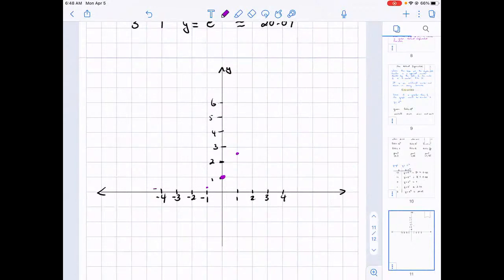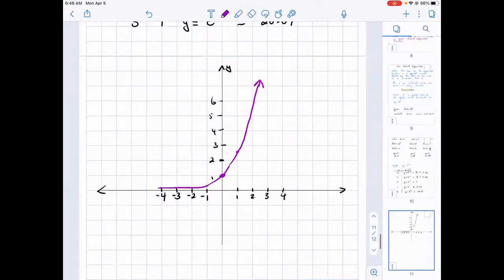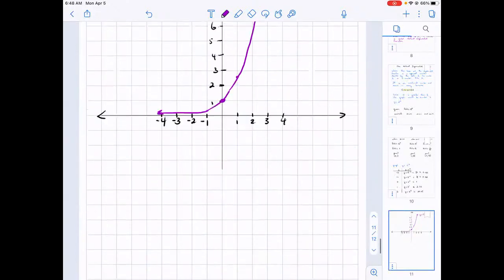So you will see that your graph is looking very similar to 2 to the x power, sorry. So y equals e to the x. Now, it is still referred to as a growth function, okay?